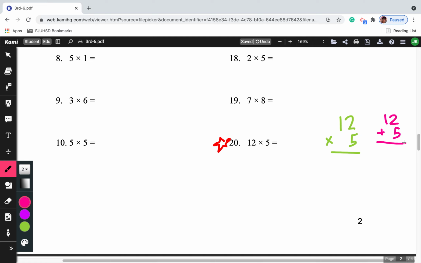So, in addition, you usually go from left to right, top to bottom, like this. But in multiplication, you go from left to right, but you go from top right to the bottom right, and then from the bottom right to the top left.